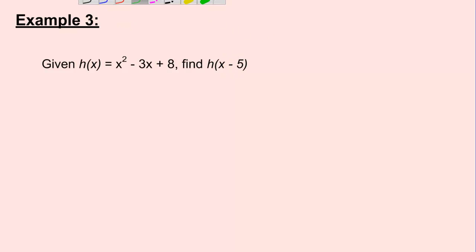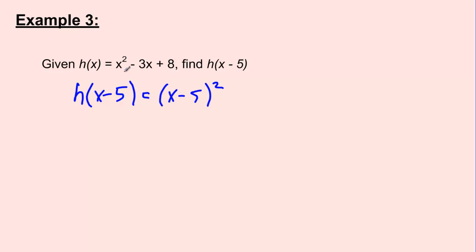So I write my equation out. H at x minus 5 is equal to, and now anywhere I see the x, I put x minus 5. So x minus 5 all squared, that replaces that x, minus 3 times x minus 5, that replaces that x, plus 8.